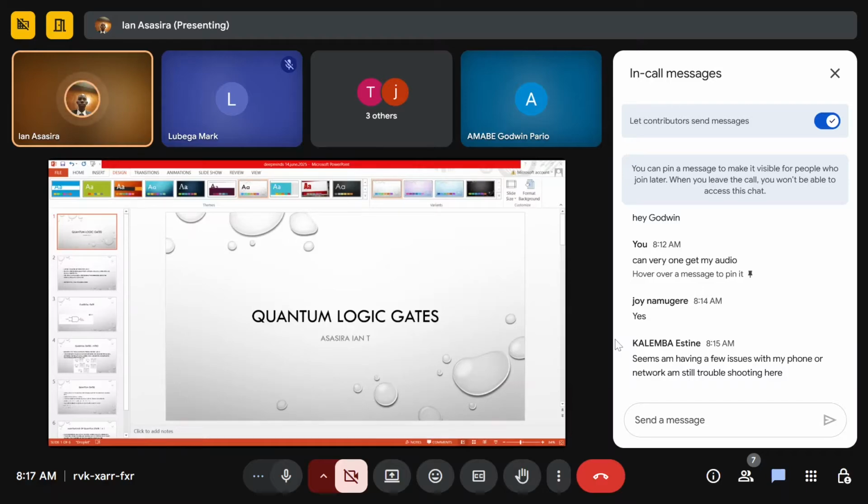So before we go into quantum gates, let's start with classical gates. A classical gate takes in an input and brings out an output. The input can be voltage high or low, 0 or 1. That's for the classical computers, the normal computers.